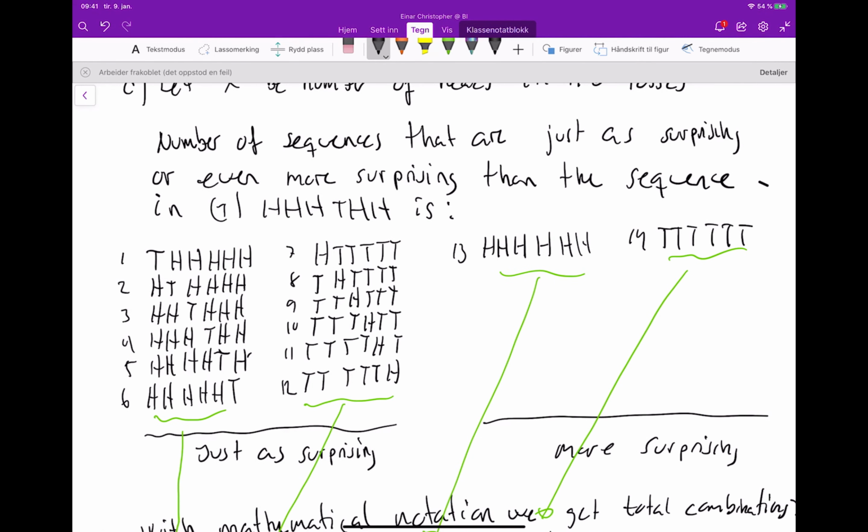Well, it's all the sequences which have just one tail, and that's the sequences 1 to 6, written down here.